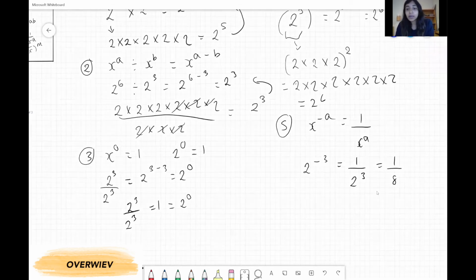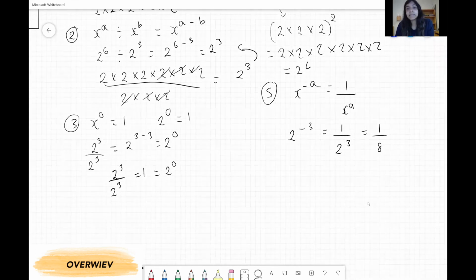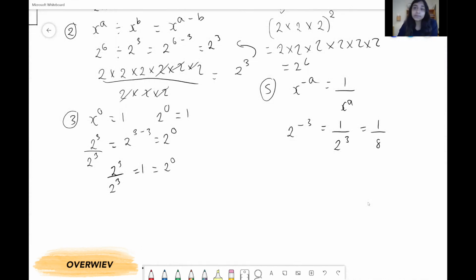To see how that works, let's say you had x to the power of 3 divided by x to the power of 5. Using law number 2, that's the same as x to the power of 3 minus 5, which is x to the power of minus 2.